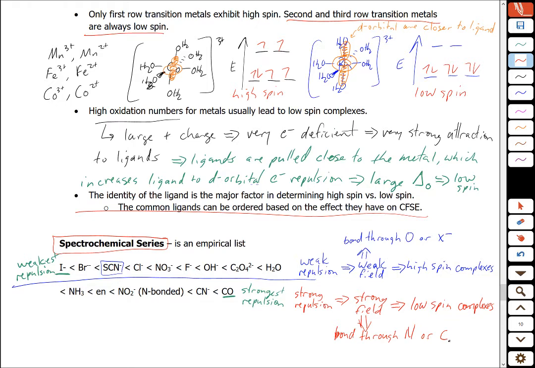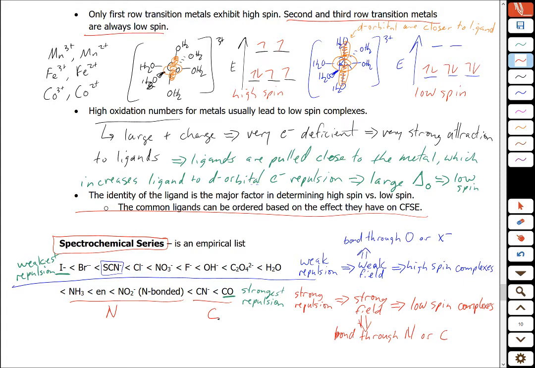If the atom bonding to the transition metal is a nitrogen or a carbon, and you can see that these here bond through nitrogen, and carbon monoxide and cyanide bond through carbon, those ligands are going to be strong field ligands.